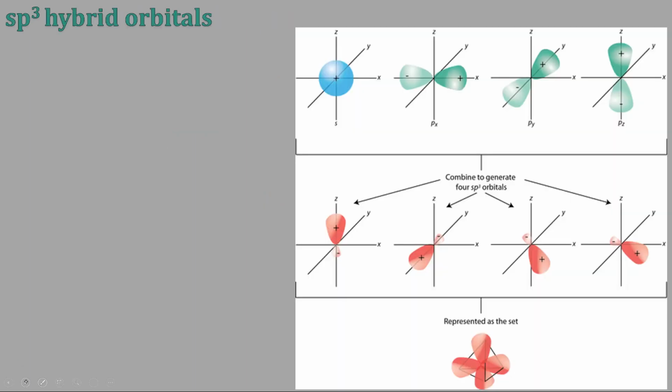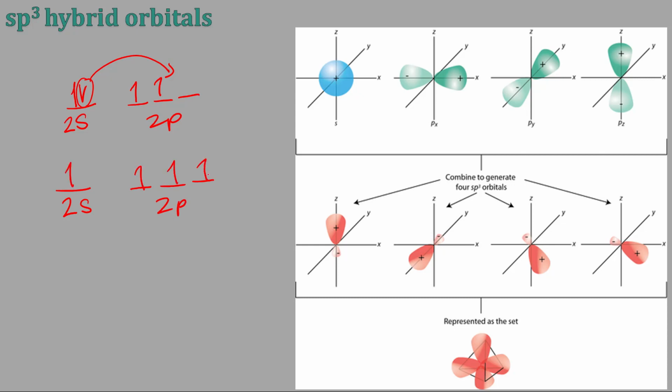So when I look at what happens, I'm going to take the 2s and 2p, which normally look like this, and promote one of the s electrons to the 2p orbital to explain what's happening. So I have one electron in each one, and the first type of hybrid orbital that we're going to look at is called sp3.